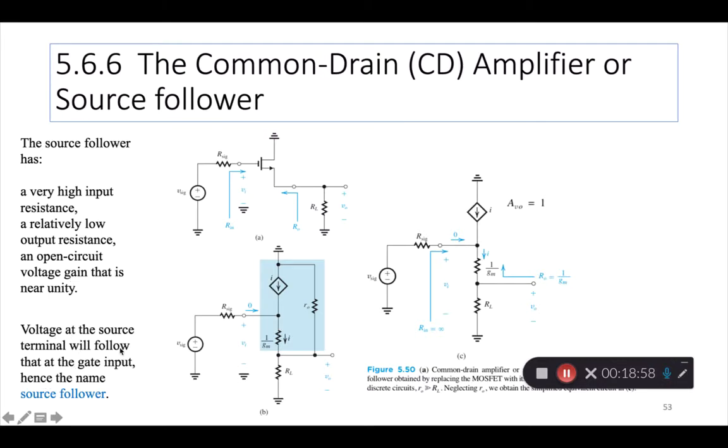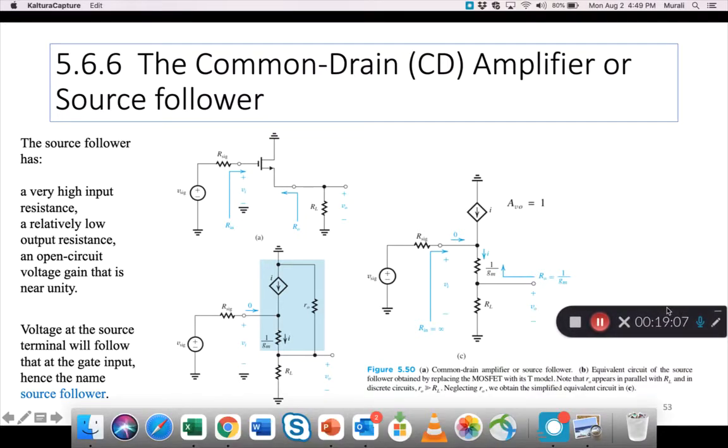Voltage at the source terminal will follow that at the gate input, hence the name source follower. Okay, all right, let's see what else is said here. Common drain amplifier or source follower, equivalent circuit of the source follower, which is B, obtained by replacing the MOSFET with its T model, right?